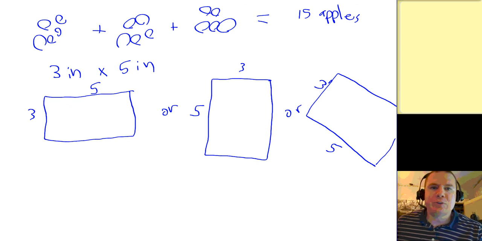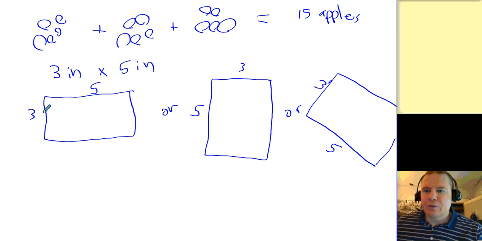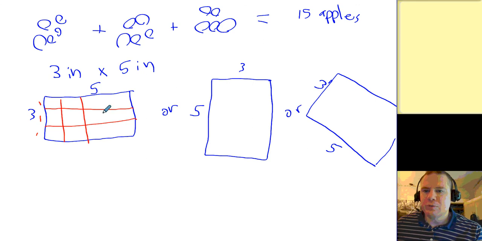If I split this into squares, each 1 inch wide, 3 gives me 1, 2, 3. 5, I need to separate that up. So I guess I should go 1, 2, 3. 1, 2, 3, 4, 5.